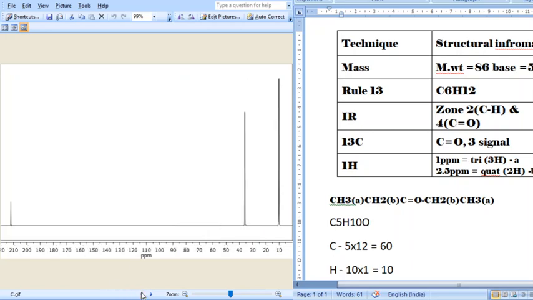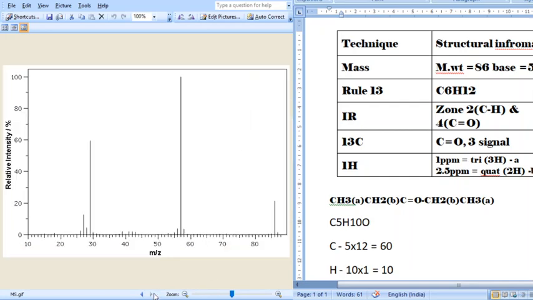If you consider C13 NMR, there are 3 sets of carbon, and therefore 3 signals: both CH3 carbons together give one signal, and the CH2 carbons give another signal. The carbonyl carbon gives another signal, and therefore every spectrum matches exactly, and this is the structure of the compound.